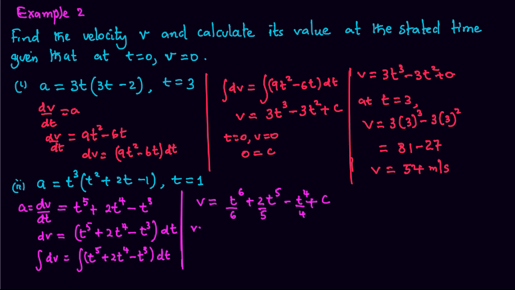But v is equal to 0 at t is equal to 0. Therefore, c is equal to 0. Our equation therefore remains v is equal to t raised to power 6 over 6 plus 2 over 5 t raised to power 5 minus t raised to power 4 over 4.